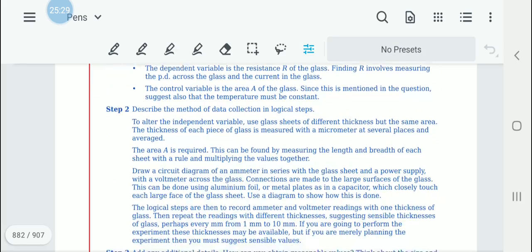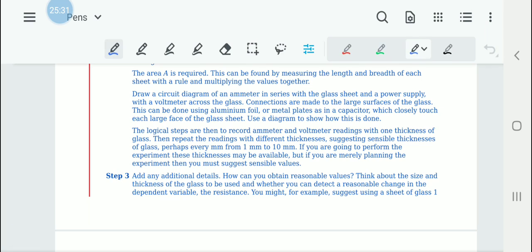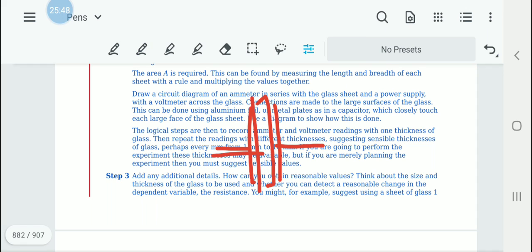Now if it was to be drawn realistically, it would show like this. This would be the more realistic thing, right? And also you might want to use metal plates like this as in a capacitor. So you can mention that as well. You can draw that as well. So they should closely touch the large face of the glass sheet.